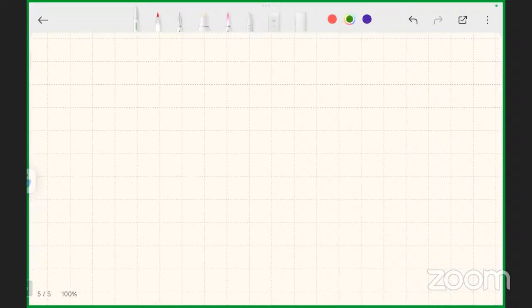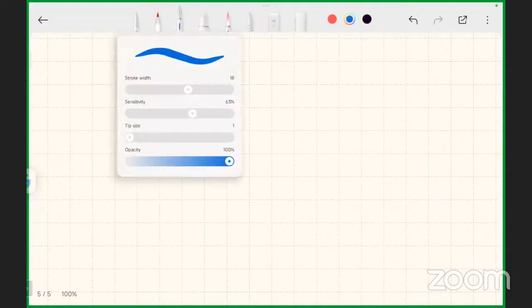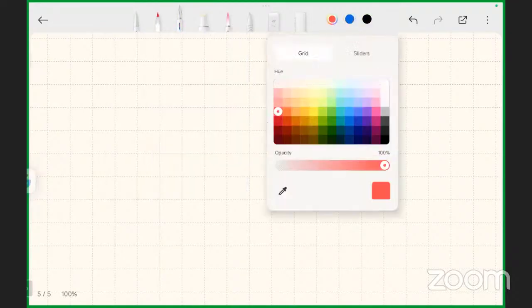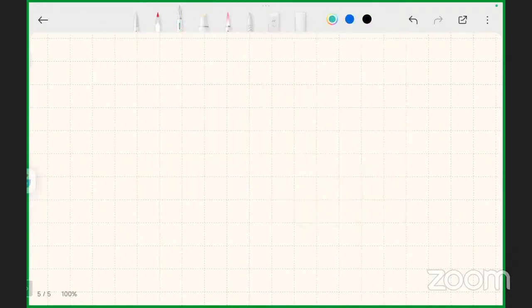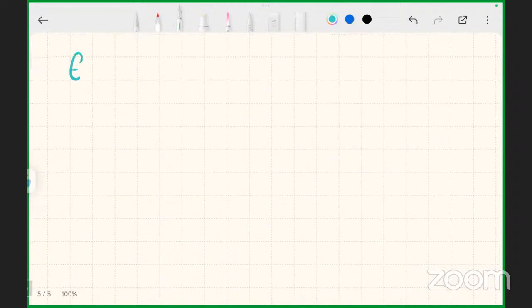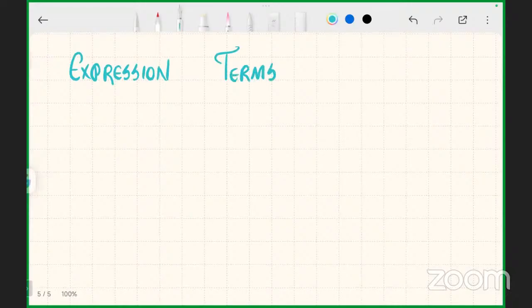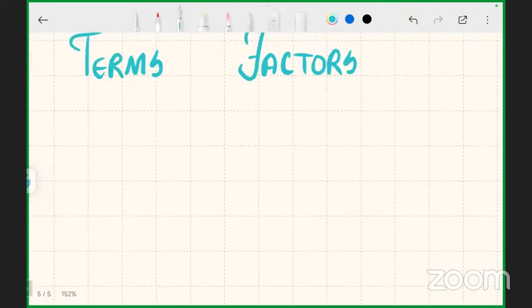What we have: expression. Okay, here you will write expression, then you will write terms, then you will go with the factors, and finally coefficient. I think I wrote it a little big.